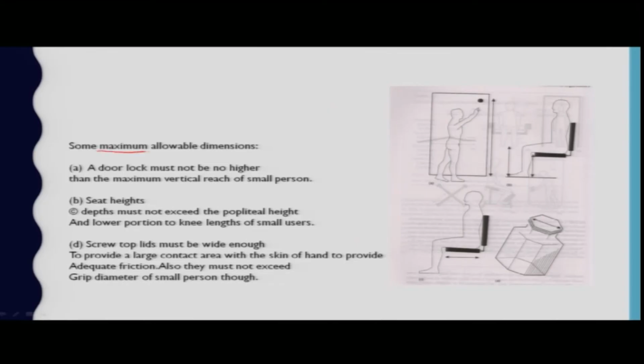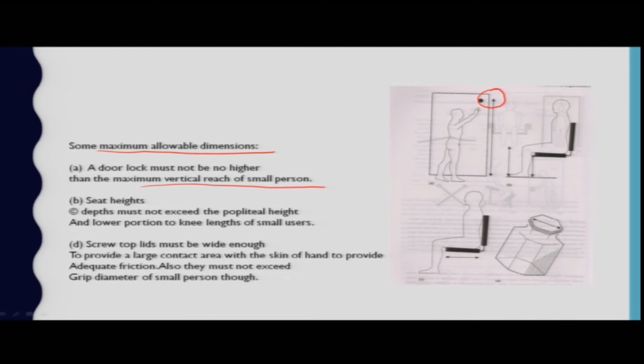Another criterion is maximum allowable dimensions. One example is that a door lock must be no higher than the maximum vertical reach of a small person. If this is a door, the door lock is generally put at the topmost corner of the door.